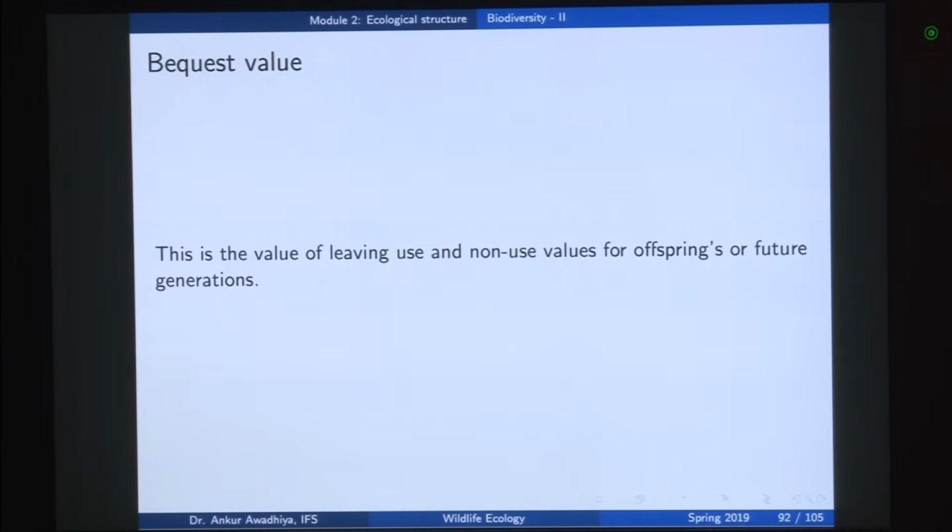That is a direct value. Some amount of indirect values because tourists are going there and they are feeling happy. Kanha also has a lot of bequest value because we want to leave Kanha as such for the future generations. Kanha also has an existence value because people all over the world feel happy that yes, there is a national park called Kanha National Park that exists in India.